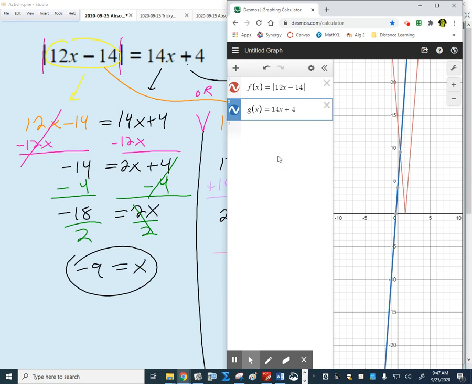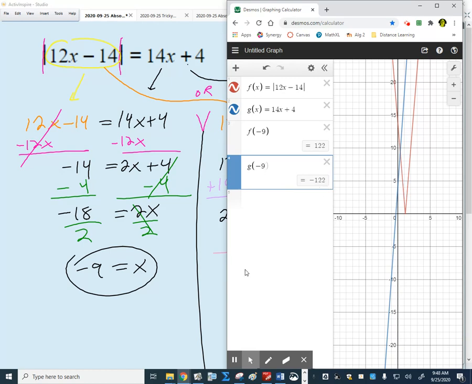Negative 9, for example, I'm just going to plug negative 9 in to both sides of the equation and see if I get the same answers. Okay, I can do that using my function notation. I can just do f of negative 9, and then Desmos is plugging negative 9 into f of x for me, and I get 122. If I plug negative 9 into g of x, so g of negative 9, look, I get negative 122.